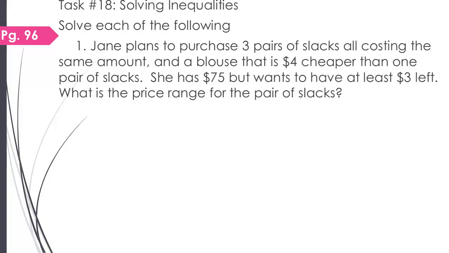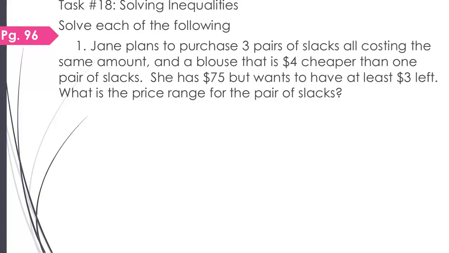No. Well, it says, and a blouse that is $4 cheaper than one of the pair of slacks. We don't know the exact price of the slacks, but we have something that's representing it, right?